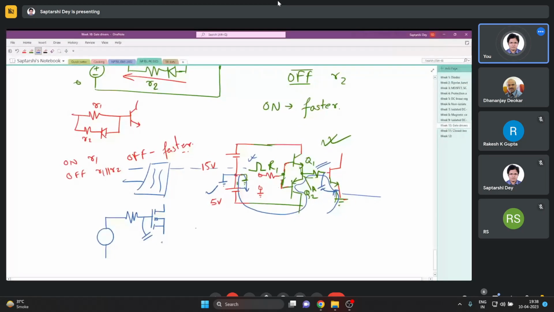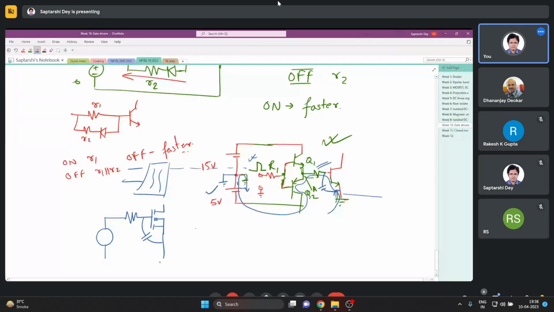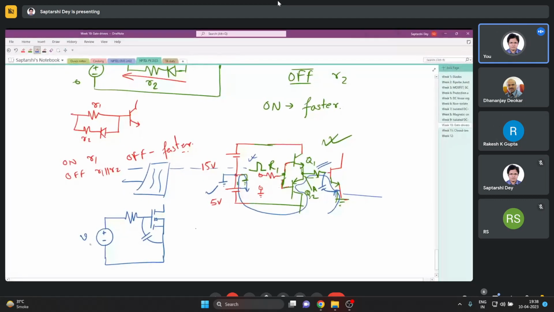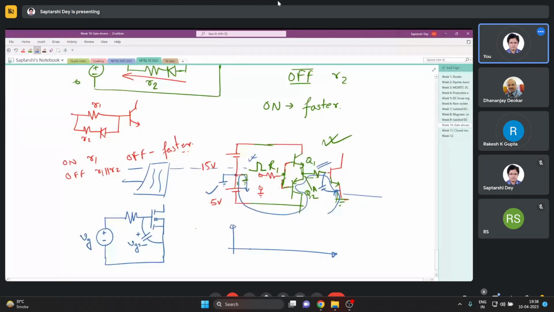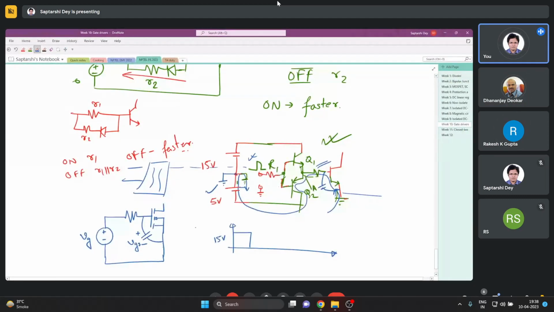So our objective of the gate driver is to charge or discharge this capacitor. Now say I write this as small Vg, and this voltage is our VGS. When I want to turn on the switch, I will give a high VG, say some 15 volts.